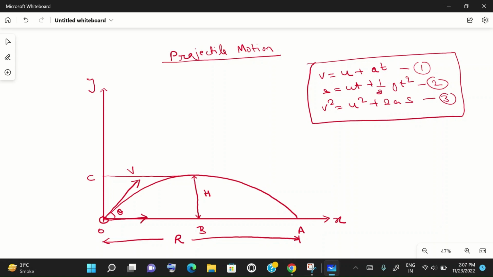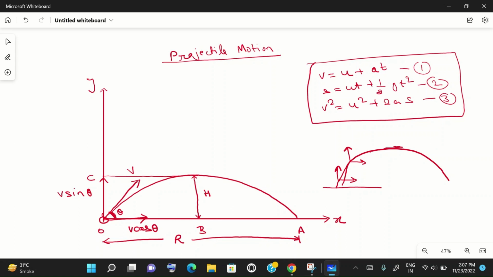Suppose we break this v into horizontal and vertical components. The horizontal component will be v cos theta, because theta is the angle from the horizontal, and the vertical component will be v sin theta. The particle will reach a maximum height h. Starting from this point, the velocity can be broken into components at all the points, here also, here also.